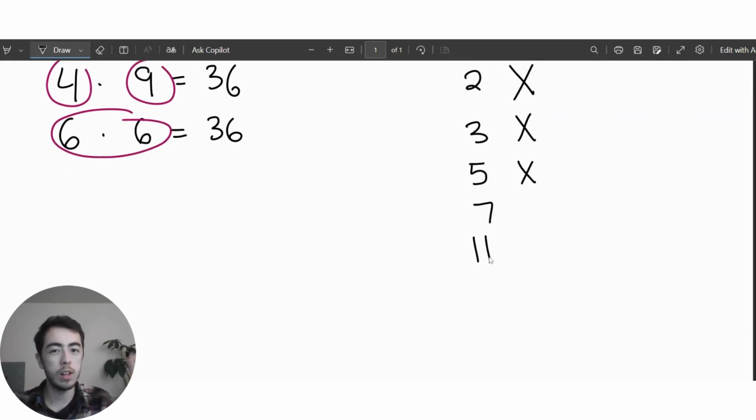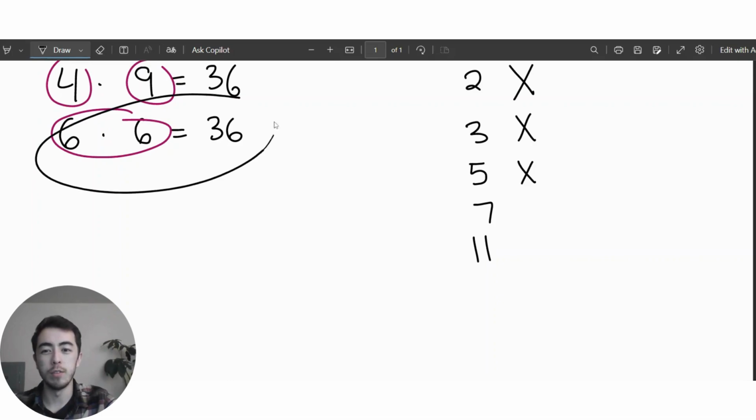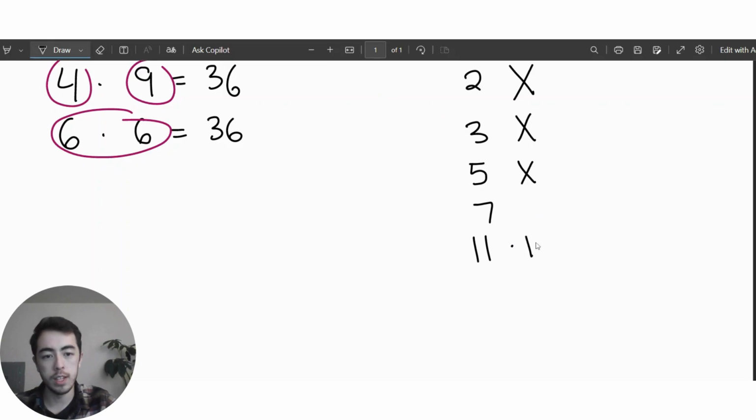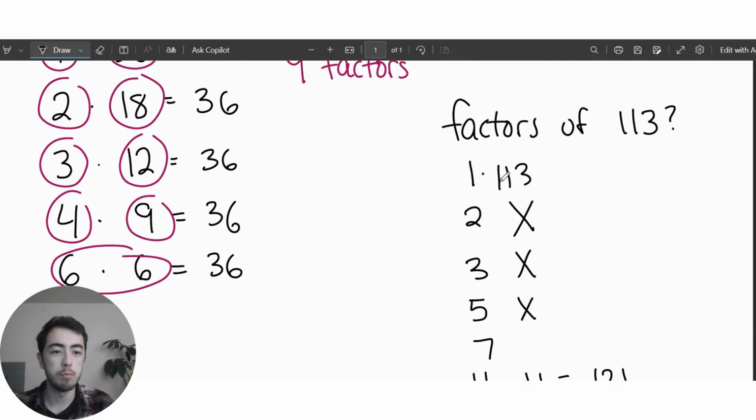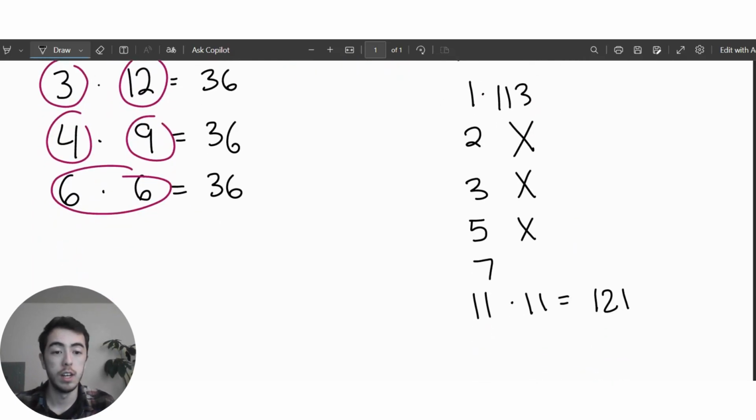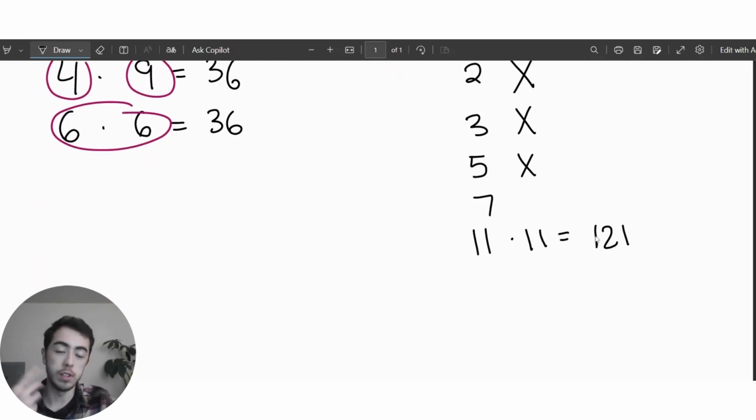And here's where this idea of knowing when to stop comes into play. I know that 11 times 11 is 121, and that is already bigger than 113. And so if I took, say, the square root of 113, I know that I get something that is less than this 11 right here. And that square root tells me when to stop.